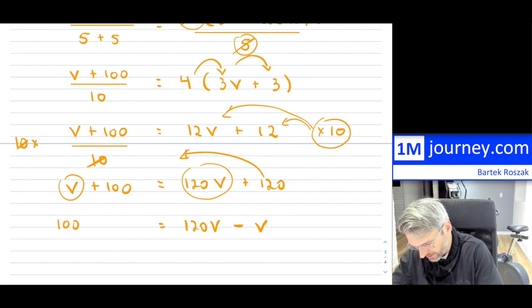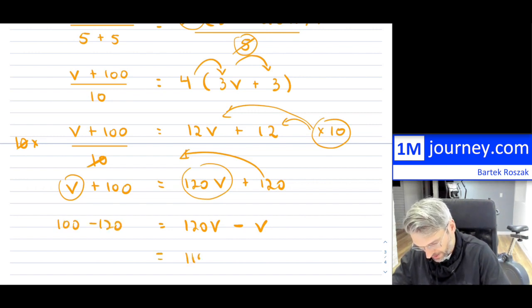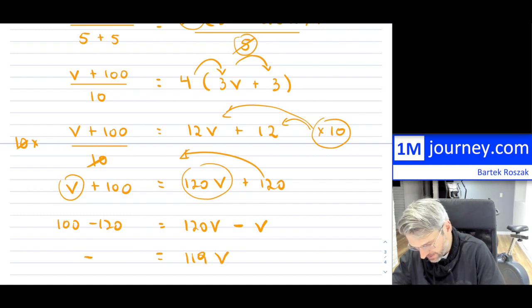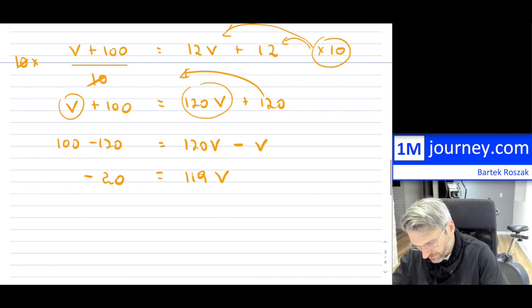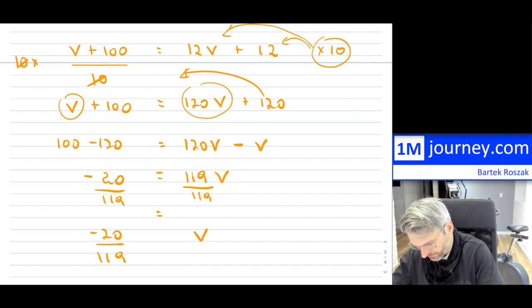So 100 minus 120, this is going to be 119v, and this is negative 20. Dividing both sides by 119, you have found your answer. So v is equal to negative 20 over 119.